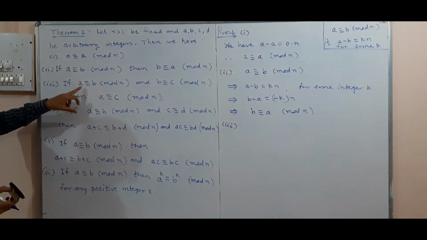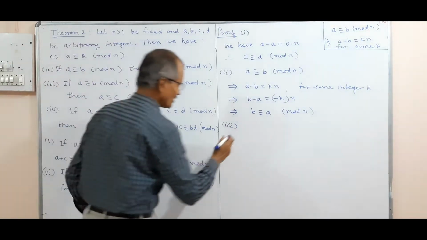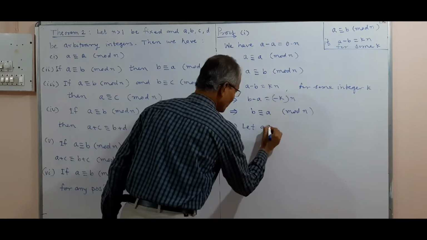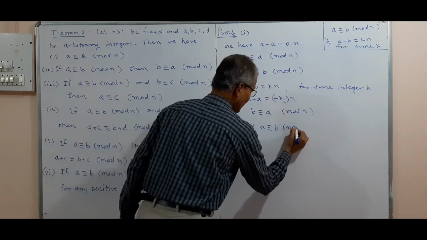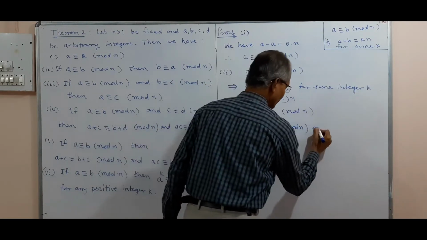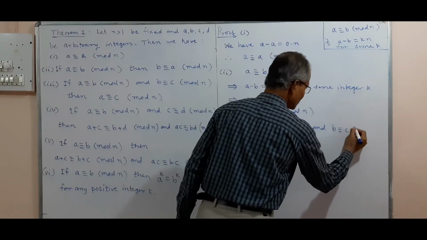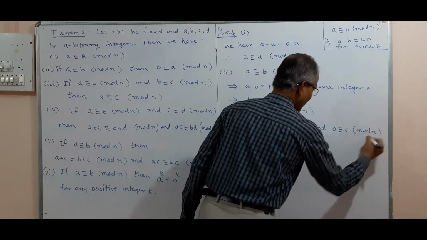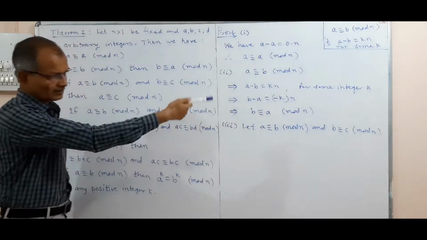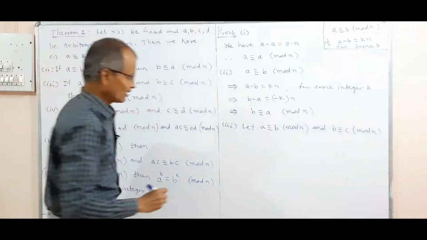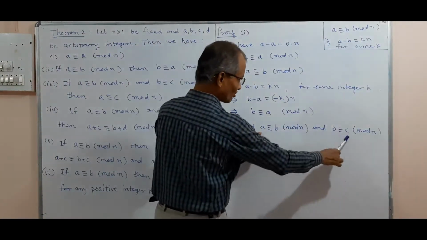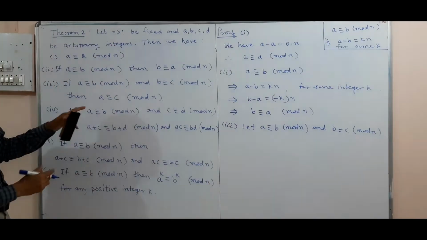Now the third. Let a be congruent to b mod n, and second, b congruent to c modulo n. First is congruent to second, second is congruent to third. Then we want to show that a is congruent to c.